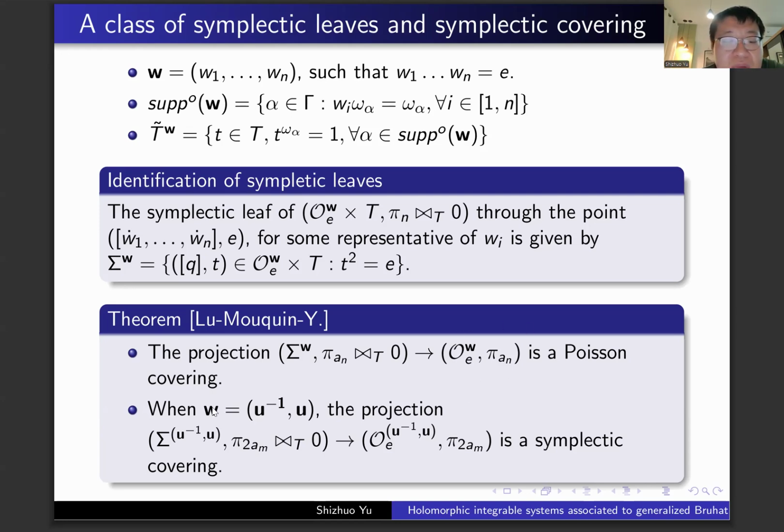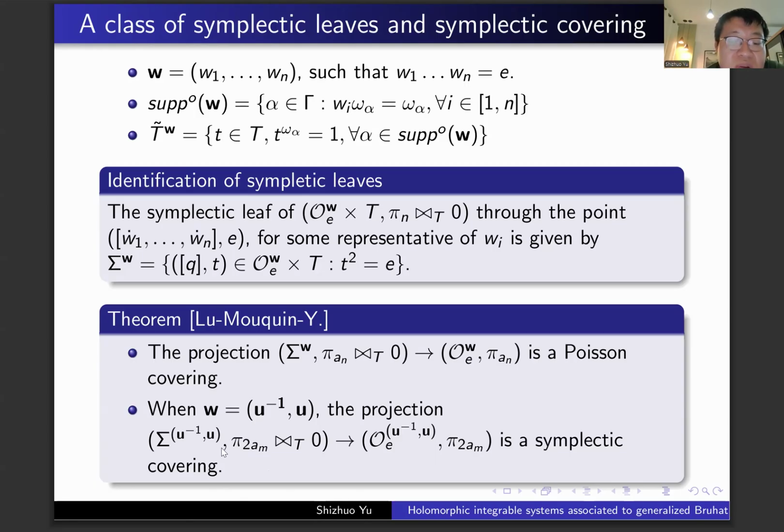But if we suppose that this W equals U inverse U, then the projection of the symplectic leaf sigma U inverse U over the O_U U inverse U is a symplectic covering. And it is the key theorem. Maybe it is the key point to understand the Kogan-Zelinsky system later.